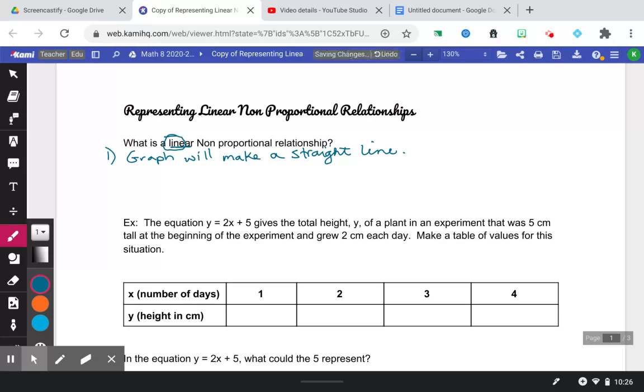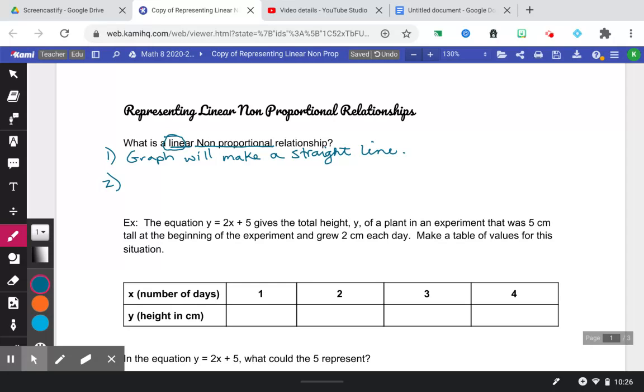The second thing is it says non-proportional relationship. We talked about non-proportional relationships and proportional relationships. If something is proportional, remember it has to make a straight line and it has to go through 0, 0.